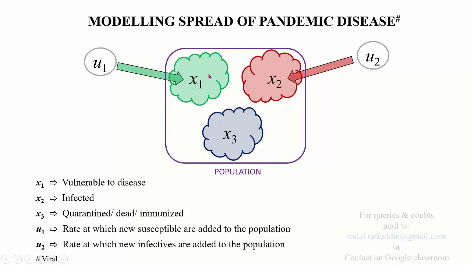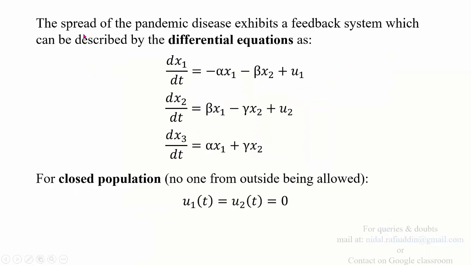Now we see that X1, X2, X3 form the complete population, where U1 and U2 are nothing but the inputs which come from outside the population. We can write this spread of the pandemic disease, which exhibits a feedback system, by the differential equation given as follows.